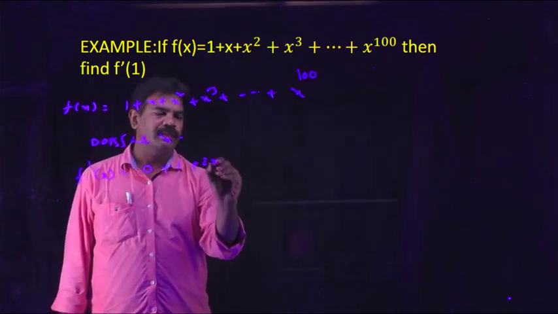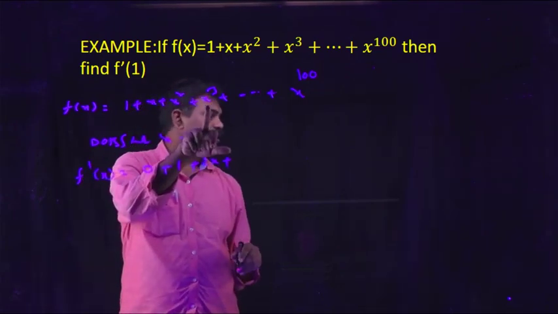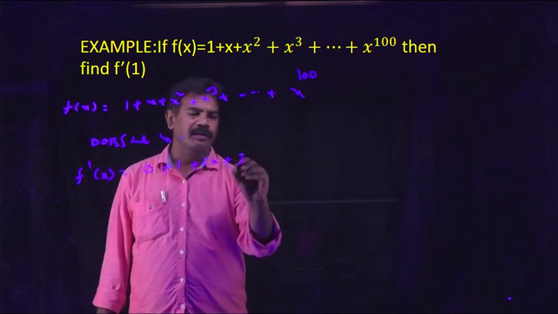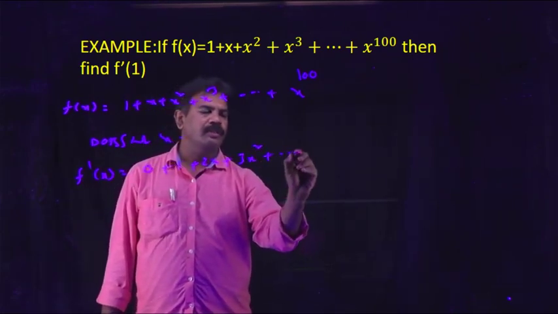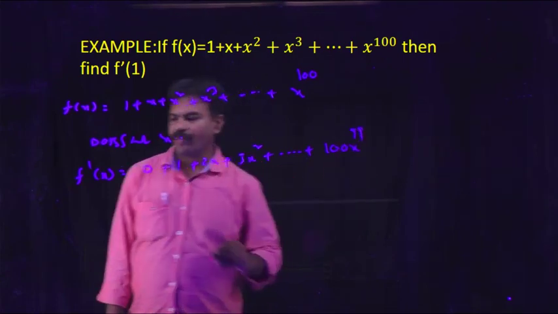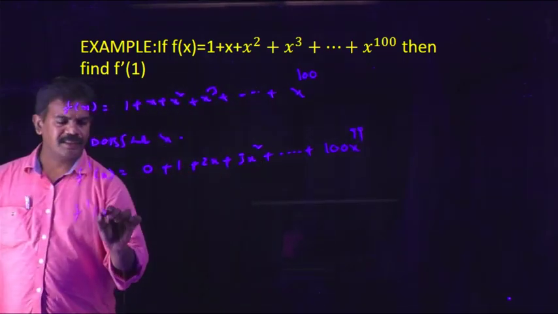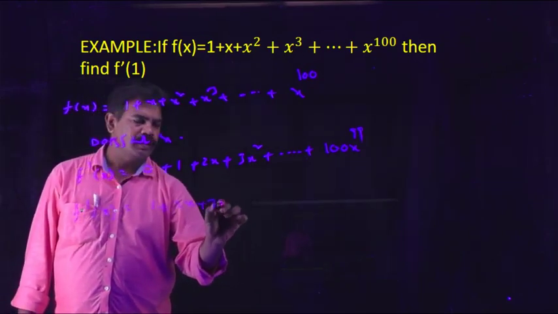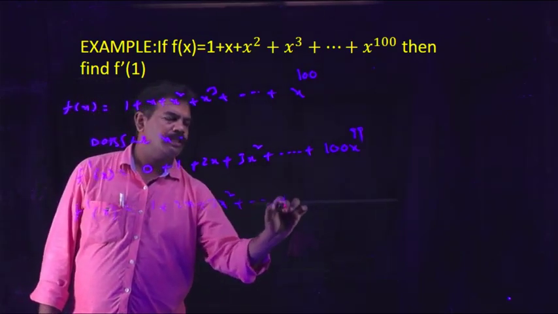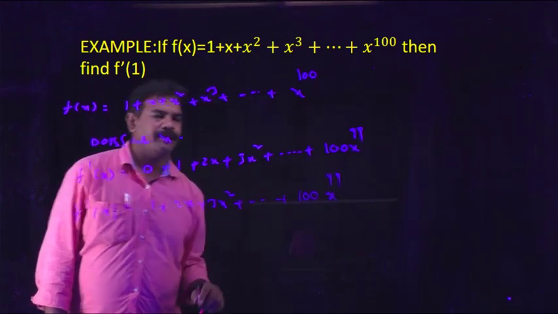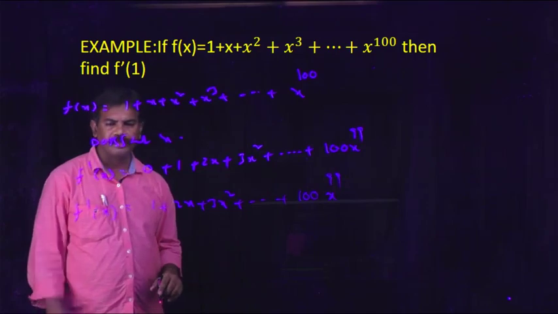We write 2x plus x cube also in the form of x power n, that is n into x power n minus 1, 3x square plus and so on plus 100 into x power 99. It is f dash x is equal to 1 plus 2x plus 3x square plus and so on 100 into x power 99. So we get f dash x.